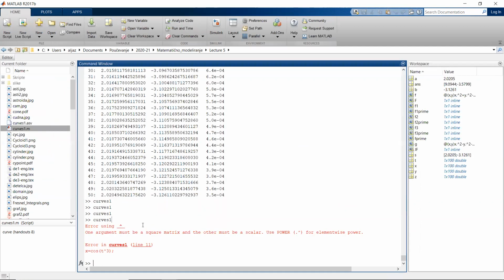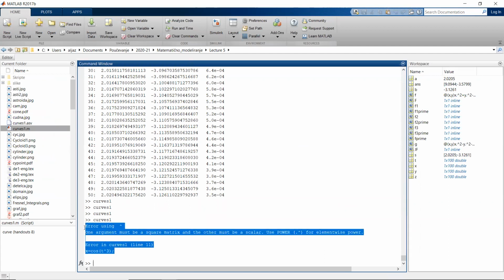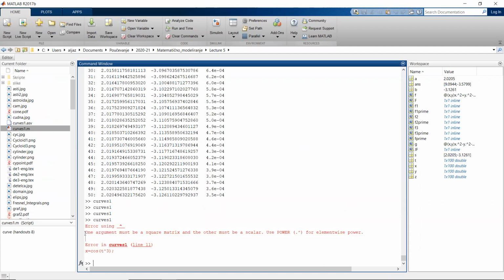Yes, you see, I got an error. The error says that one argument must be a square matrix and the other must be a scalar. Use power. So instead of just this hat, I need to use dot hat.